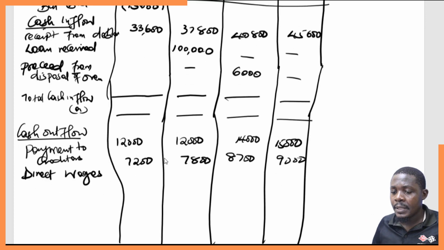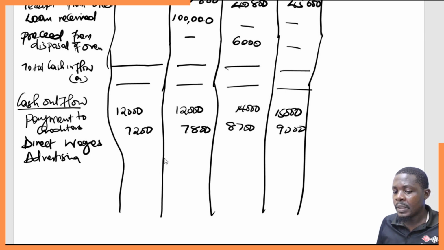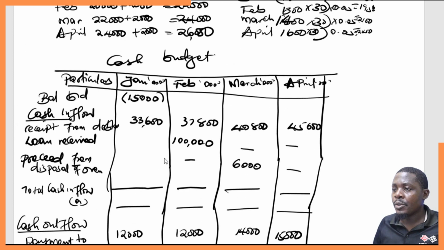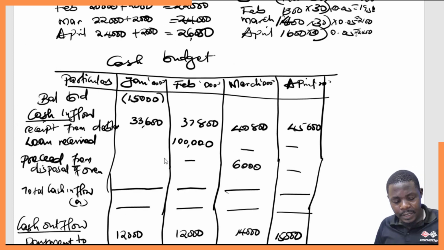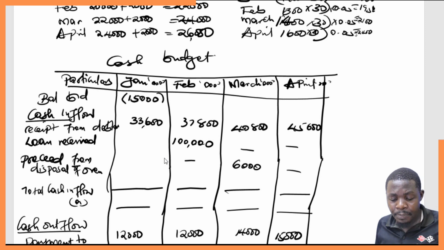The next, we had advertising. We are told, see additional information number 4. During the period, the business plans to advertise its product.